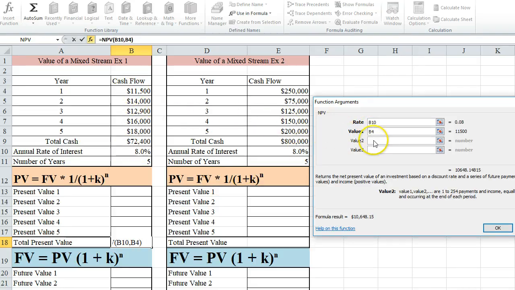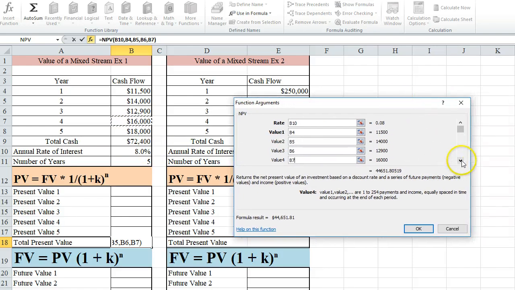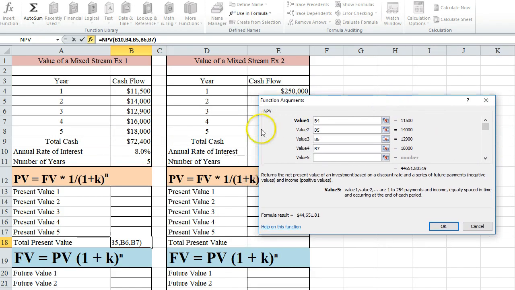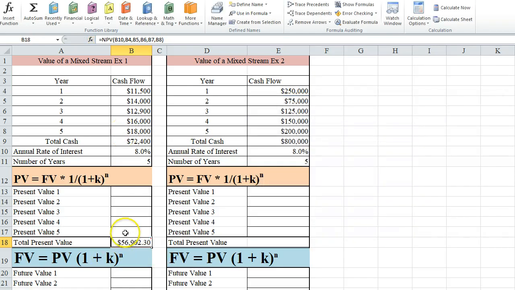So value 1 is year 1, value 2 would be year 2, value 3 would be year 3, value 4 would be year 4, and I'm just going to scroll to get value 5, and then hit OK. And this calculates the total present value. So these cash flows together are over 144,000. But the discounted cash flow, the total present value, is only 56,000, discounting at 8%.